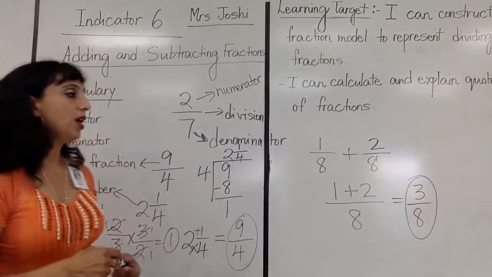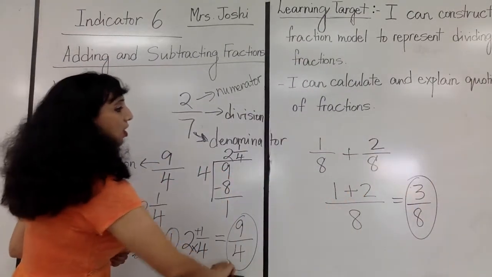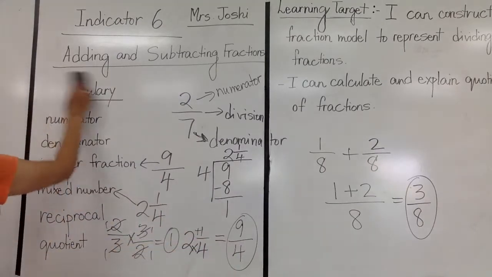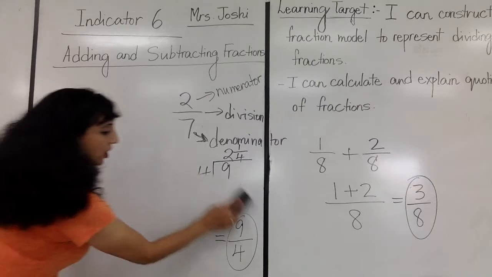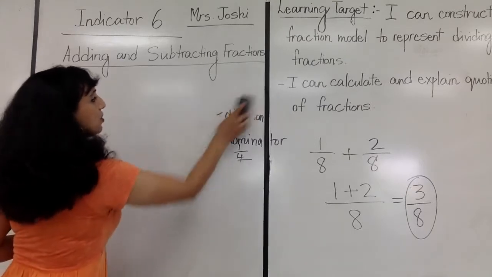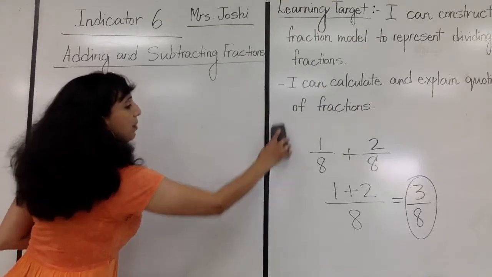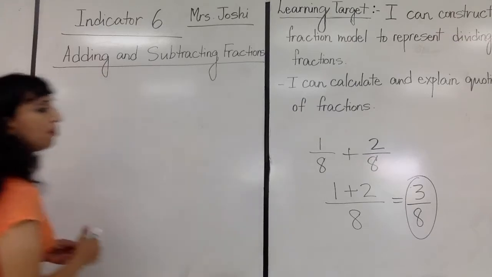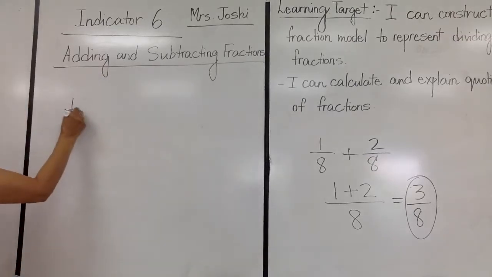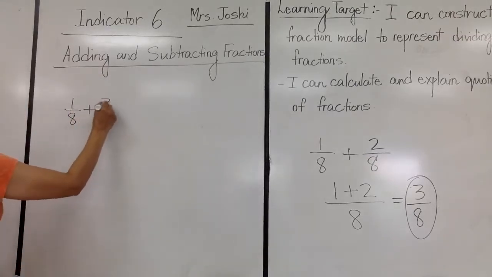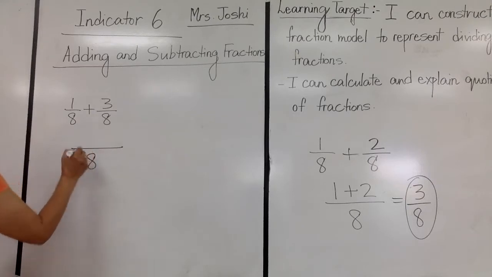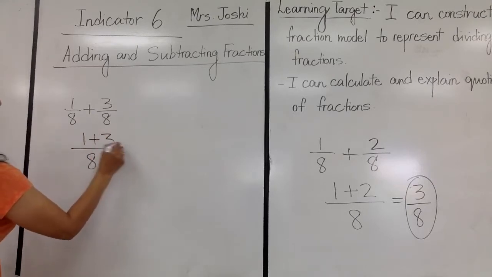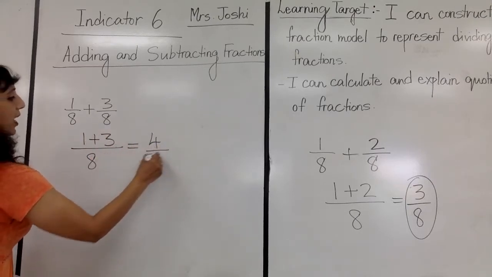Okay? If my final answer or the sum did not come up to a number which was simplified, you would have to simplify. You've got to simplify those fractions and put it in the simplest form. That means, what if I had 1/8 plus 3/8, for example? And I can see my denominators are the same. So this is 8, and then 1 plus 3, and I get 4/8.